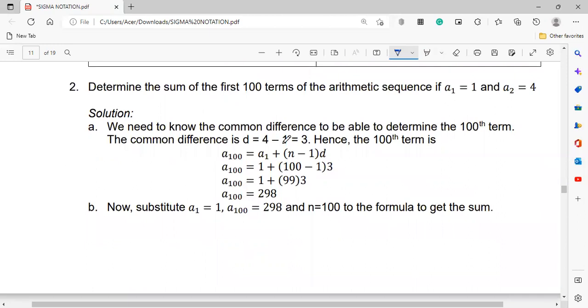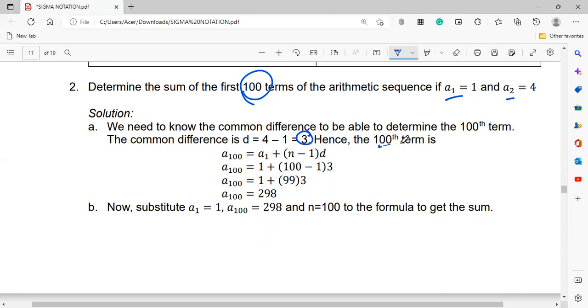Second, determine the sum of the first 100 terms of the arithmetic sequence, if the first term is 1, the second term is 4. Okay, so we just have the first and the second. Now to determine the common difference, simply we subtract the first term from the second term. We got 3.